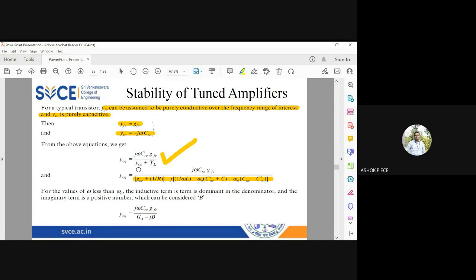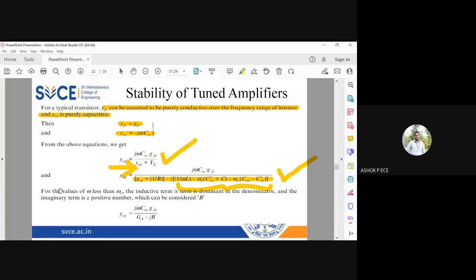We have substituted Y_oe from the Taylor series expansion, and Y_L is the parallel combination of R, L, and C. So this is the final expression after simplification: j omega C_re g_fe divided by G_oe plus 1 by R, which is the real term, minus j into this entire term, which is the imaginary term: 1 by omega L minus omega_0 into C plus C_oe dash minus omega_0 into C_oe minus C dash_oe.